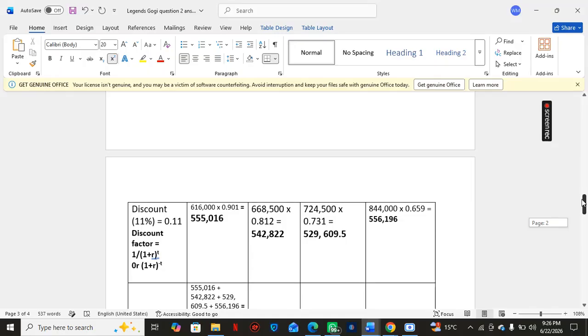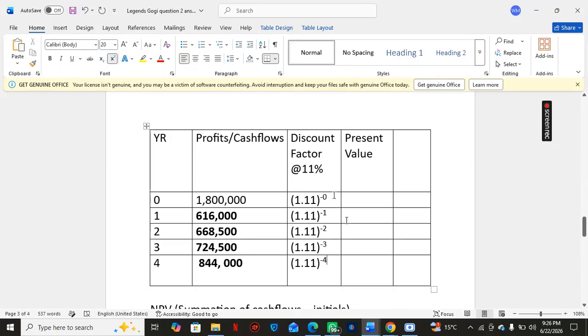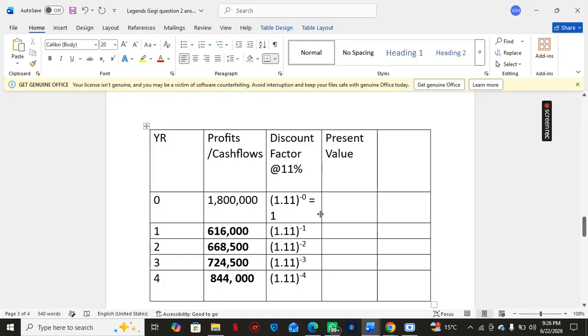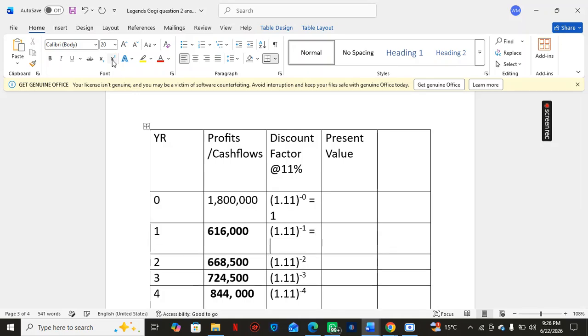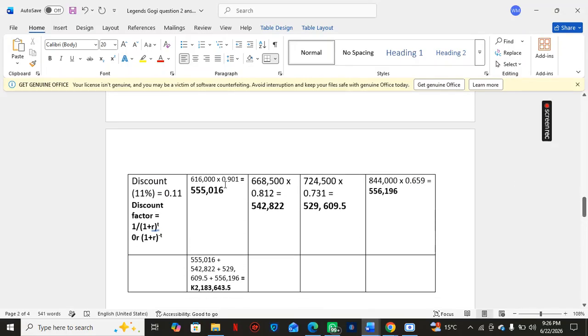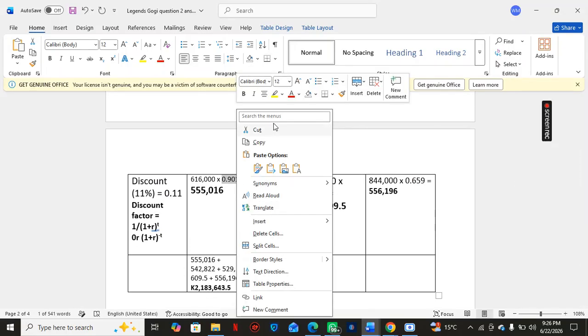For year 0, 1.11 to the power -0 is always 1. Anything to the power 0 is always 1. Year 1, 1.11 to the power -1, we get 0.901.